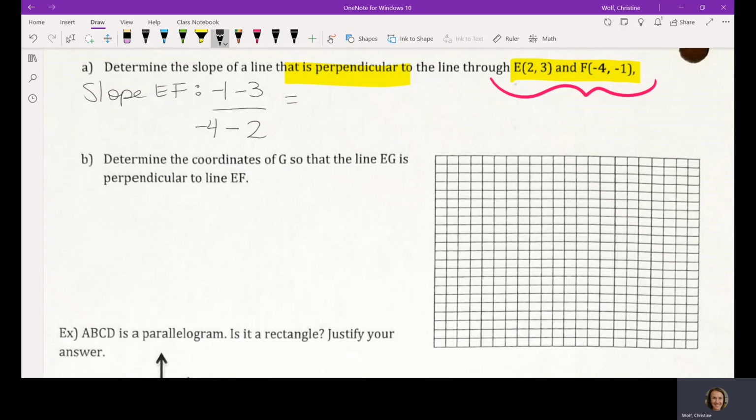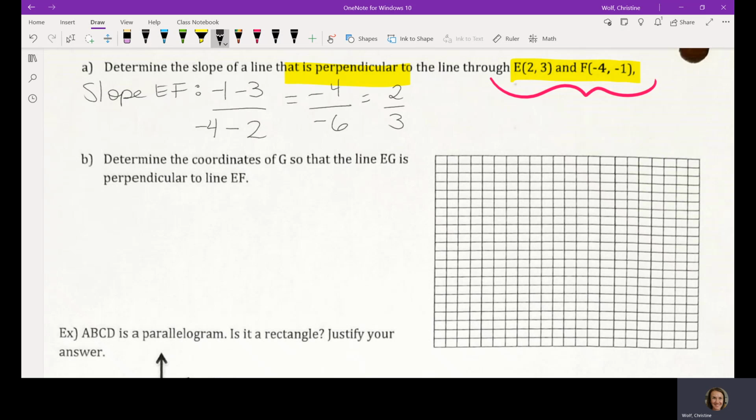When you clean that up, on top you have -1 minus 3, which is -4, and on the bottom you have -4, take away 2 more, which is -6. You will never, ever, ever leave a fraction like that. You know better. The slope here is reduced to 2/3, and it's positive as well. 2 negatives cancel.